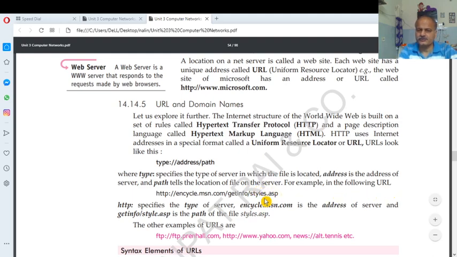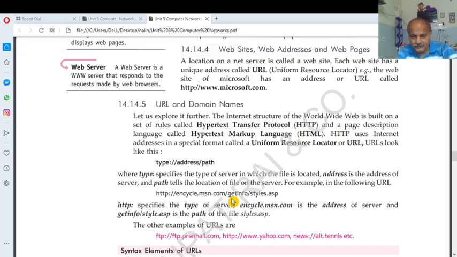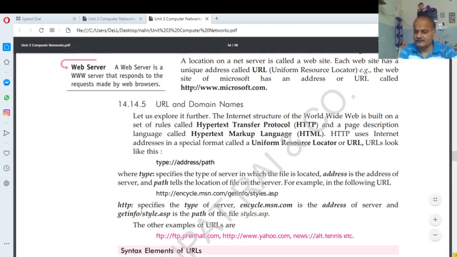For example, the following URL: http://encyclemsn.com/getinfo/styles.asp. HTTP specifies the type of the server. encyclemsn.com is the address of the server, and getinfo/styles.asp is the path of the file, meaning where the file is stored in the server.